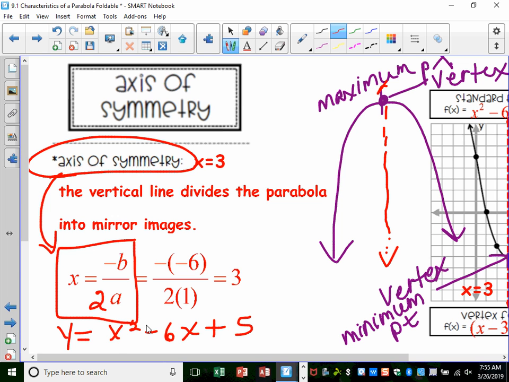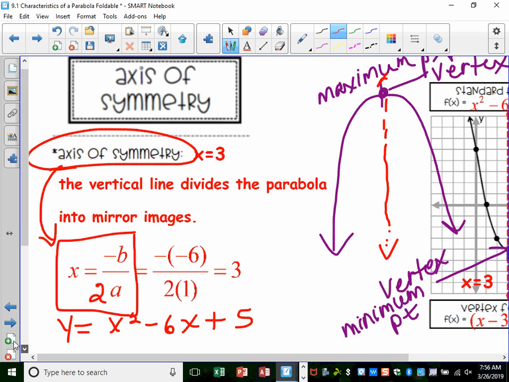Standard form means you have your squared term first, your x term next, and your constant last. Just like before, your a term is the x squared term, your b term is the x term, and your c is the constant. Same letters we're using. So when you see this b and this a, you know you're looking at these two terms, because they go in alphabetical order, a, b, and c.